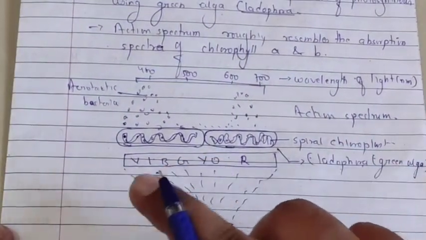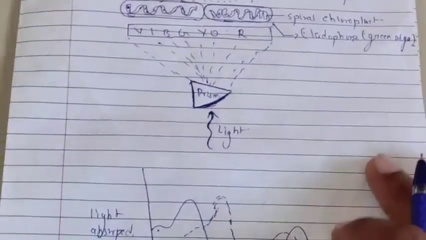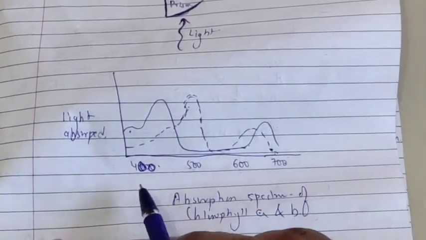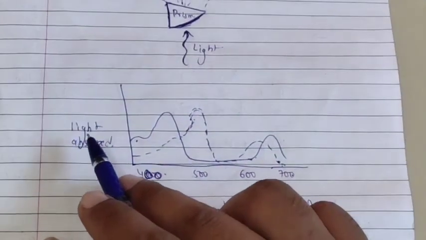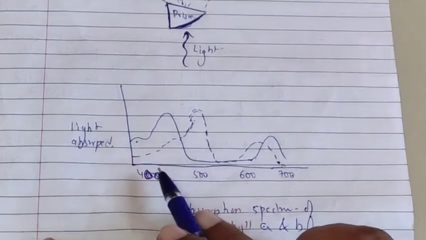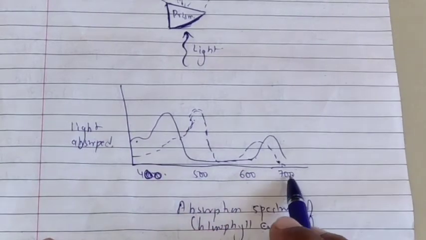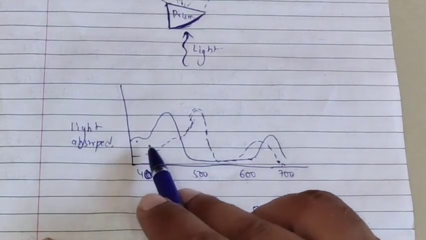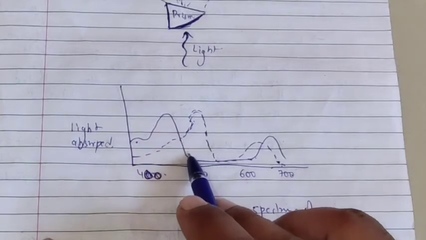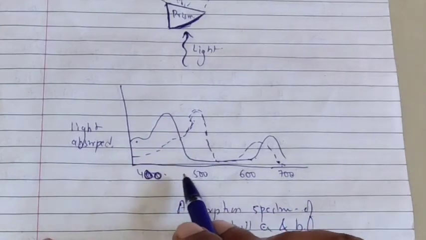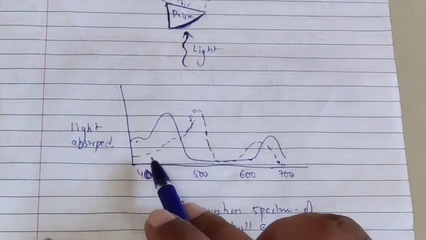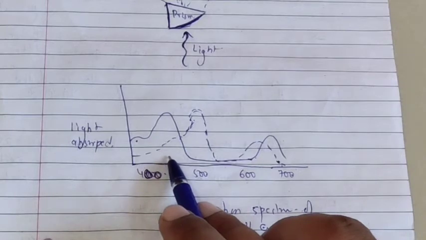Now we are going to compare this action spectrum with the absorption spectrum of chlorophyll A and B. Here you can see a graph obtained by plotting the light absorbed against the wavelength of light: 400, 500, 600 and so on. The maximum amount of light absorbed by chlorophyll A and B lies in the range between 400 to 500 nanometers. In this range we have seen the maximum action, that is photosynthesis in Cladophora.